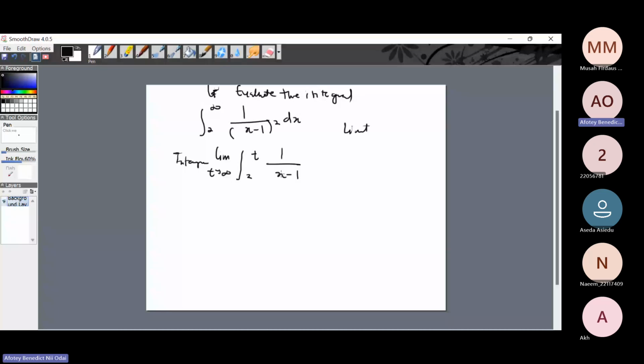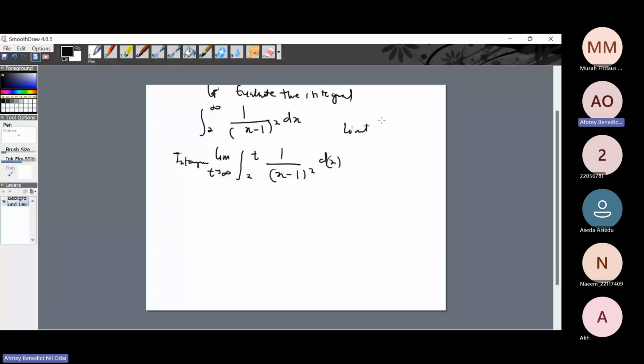Let's call this a function. Now we can solve the limit, and after we solve the limit, we can conclude that that's the final answer, since we can't solve the integral at infinity. So now let's solve the integral.